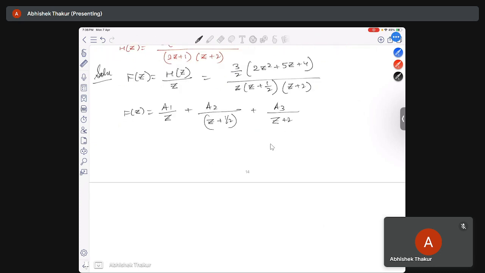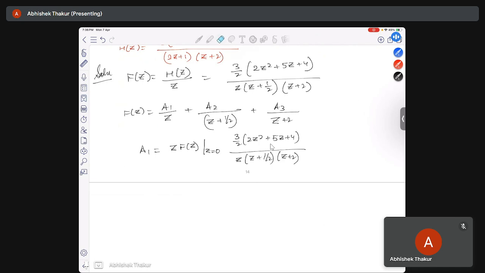So now we know that A1 can be written as z into F(z), given that z is equal to 0. So 3/2 (2z² + 5z + 4) divided by (z + 1/2)(z + 2).